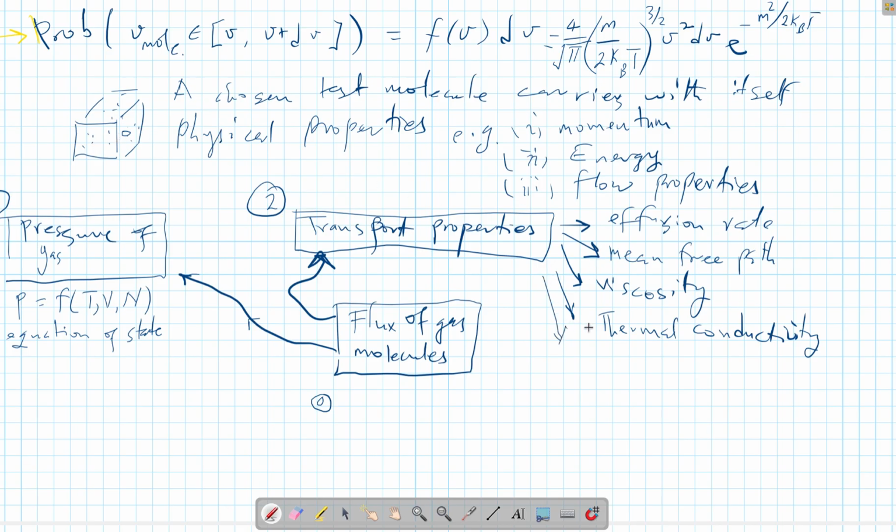Another physical property we're going to address is diffusion. So for example, if one is in a big room and there is perfume released somehow in one corner of the room, you realize that with time the perfume is going to reach some other parts of the room, but this doesn't happen instantaneously.